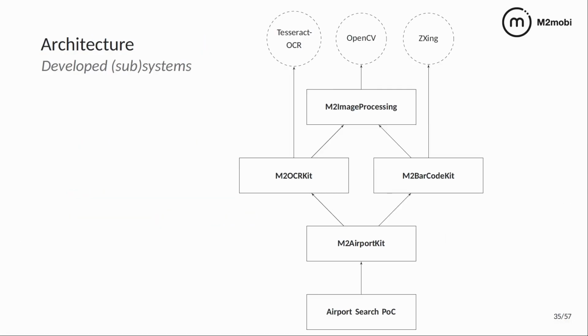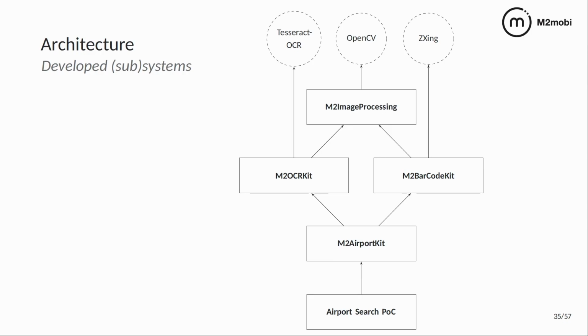So we get to this architecture. At the top level, there's image processing, and we prefix our libraries with M2 for M2Mobi. Image processing contains all the things that are used below. It contains a camera component that makes it very easy to have a camera view controller and just take a picture or scan things.